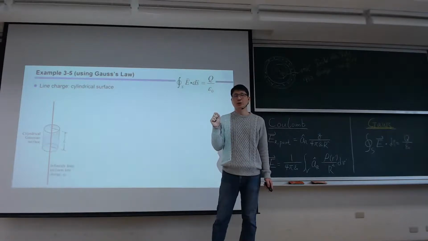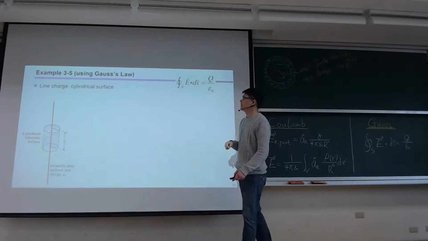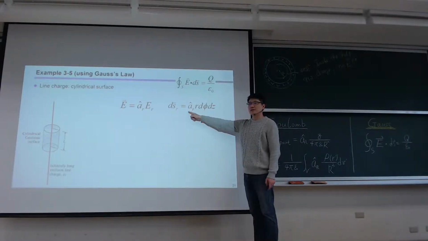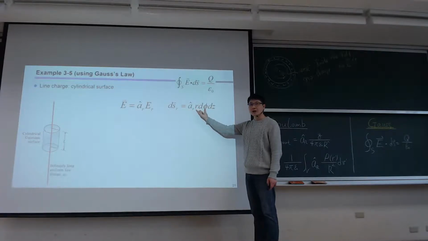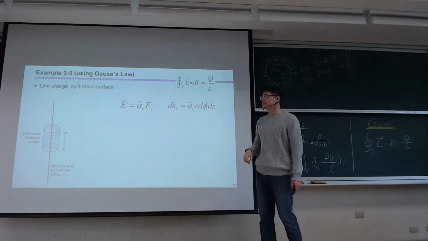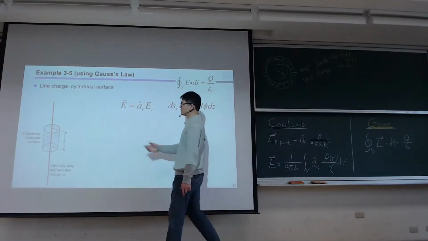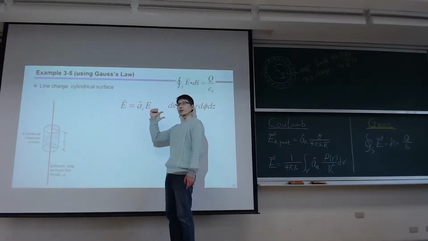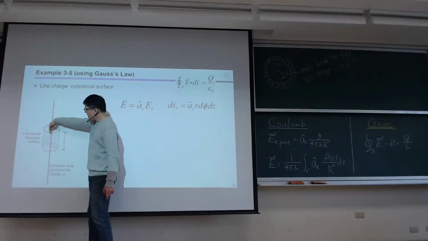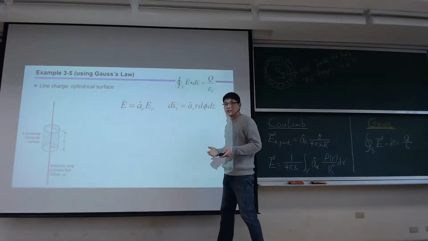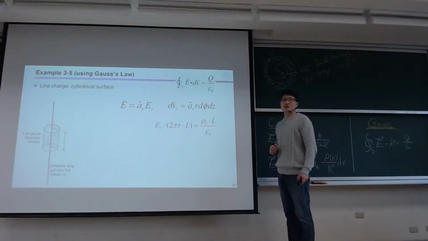So how do we properly formulate the differential surface dS_r in cylindrical coordinates? In the radial direction, r times d-phi is the arc length. Since we anticipate a uniform E field intensity in the radial direction, all these areas have the same magnitude of E, so the integration is straightforward.